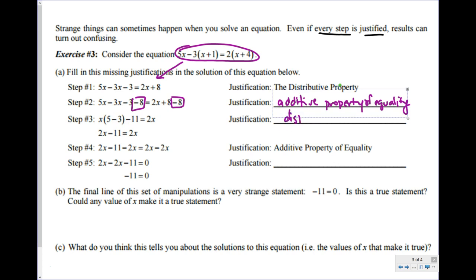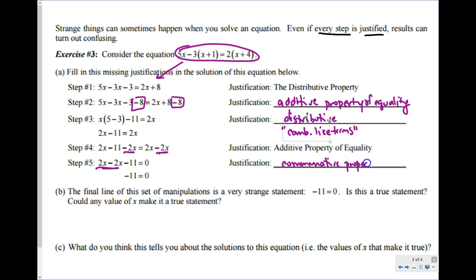So again, it's a form of distributive, but we can also say combining like terms. Step 4, they tell you it's the additive property because they're getting that negative 2x on both sides. And then finally, this last step is they're reordering the variables, so that's the commutative property.